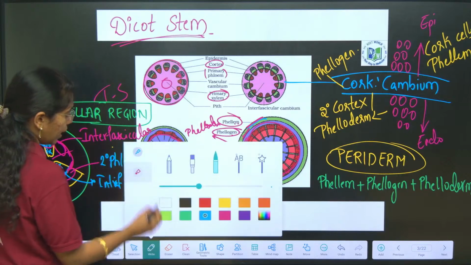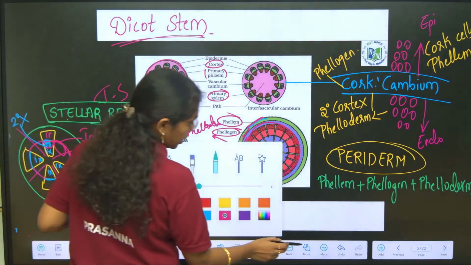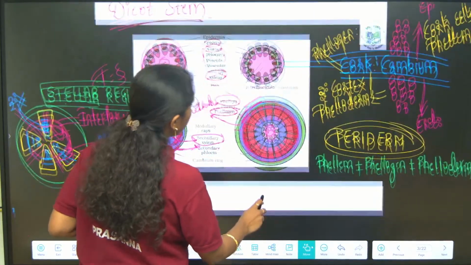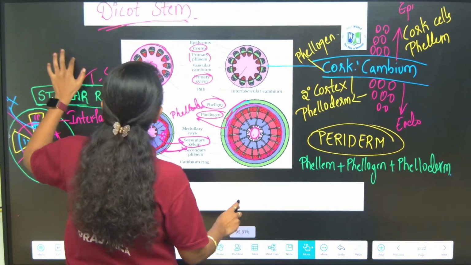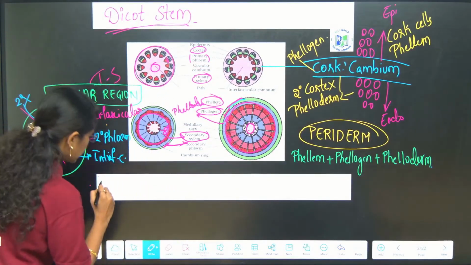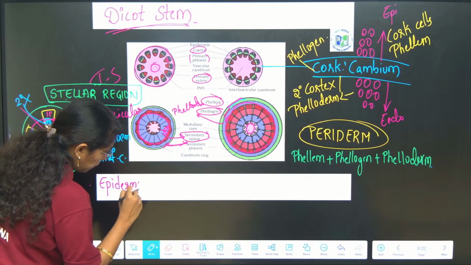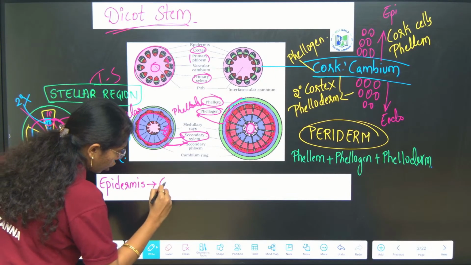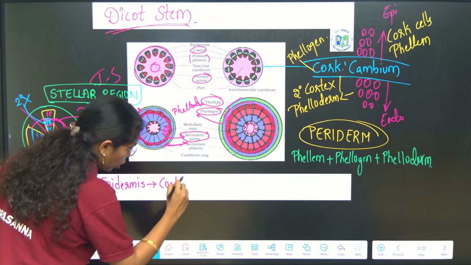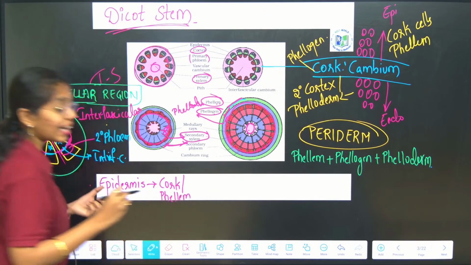First is what? Epidermis region. First is epidermis, followed by cork cells, cork or phellem. This flow chart is very important.